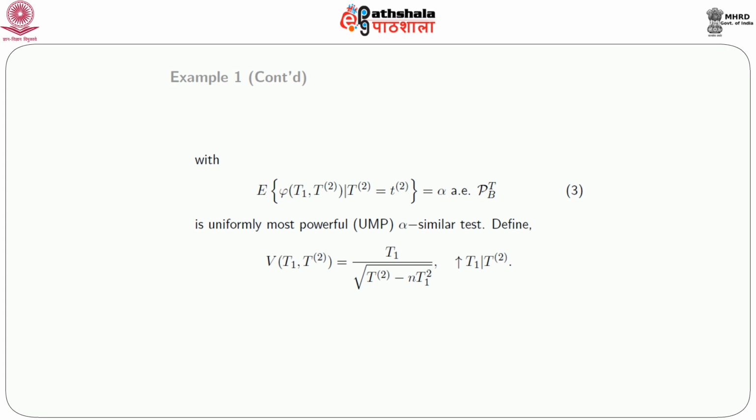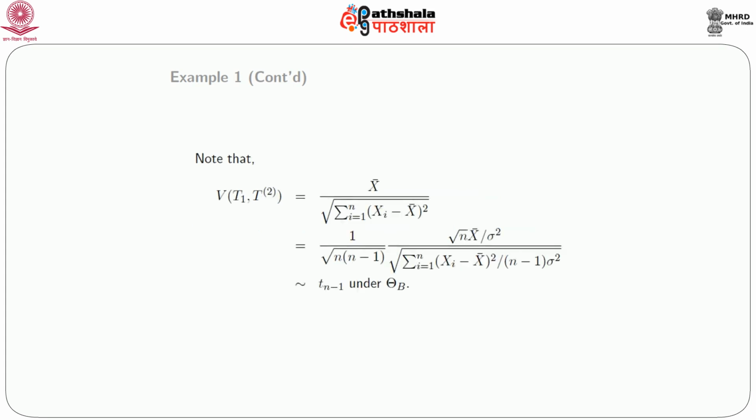Now we define V, which is a function of T1 and T2. This is equal to T1 divided by the square root of T2 minus n theta1 squared. It is increasing in T1 given T2.